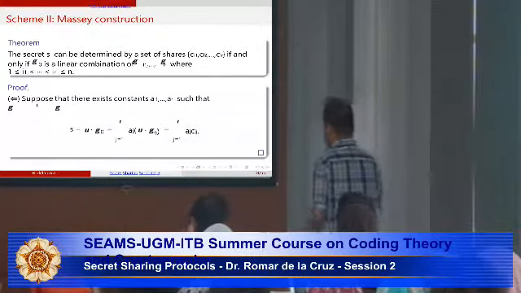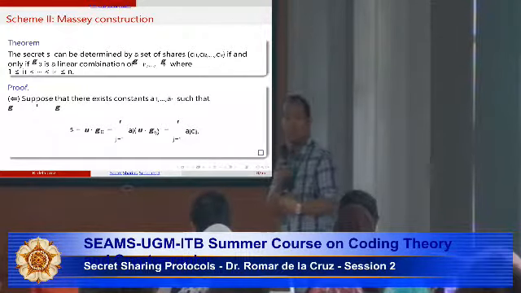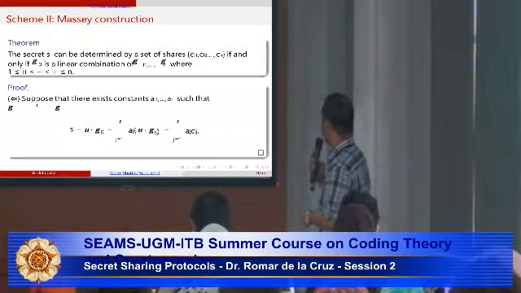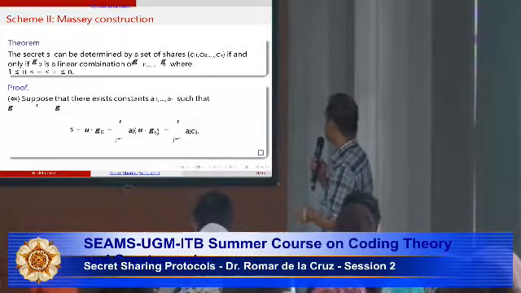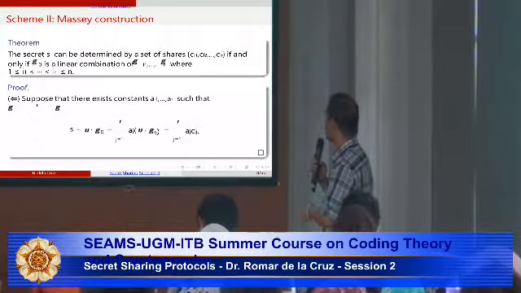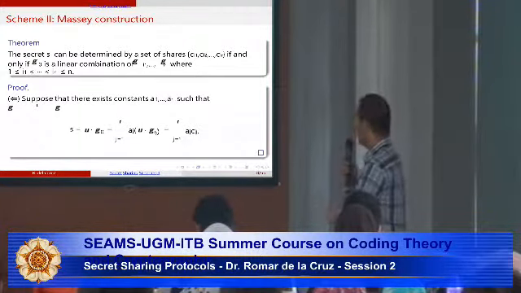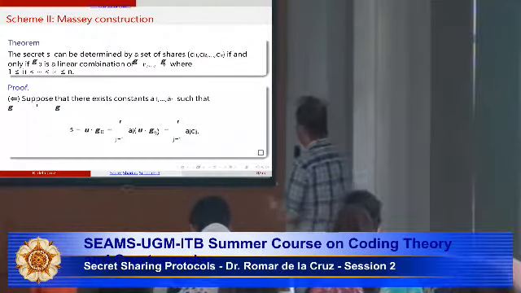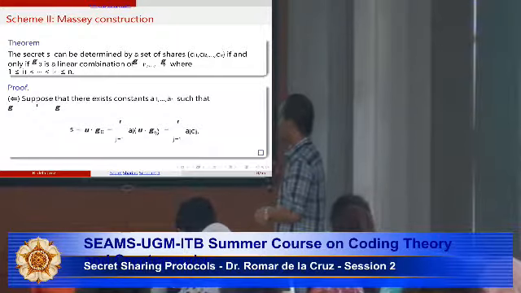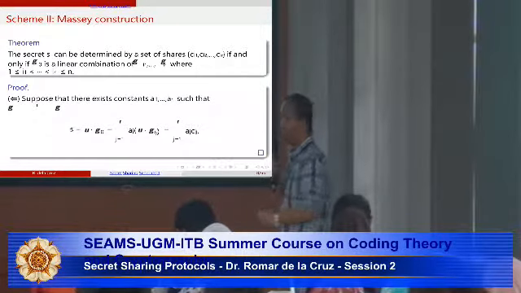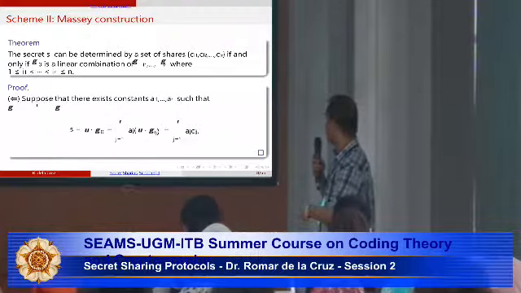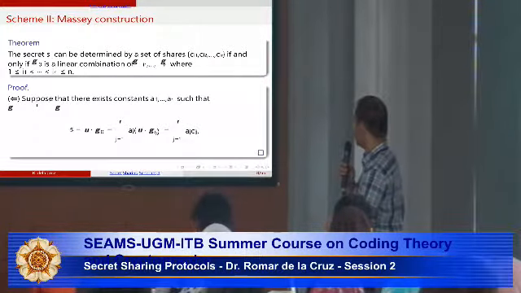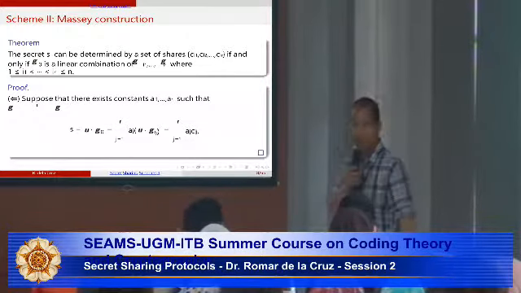The proof is straightforward, so I will show one direction of the proof. Suppose we assume that G_0 is a linear combination of these columns. So there exist constants a_1 up to a_r such that G_0 is a linear combination of these columns. Now to determine the secret, you simply perform this operation.